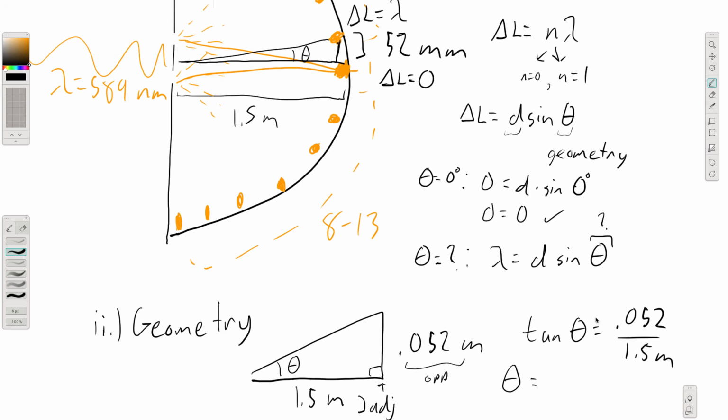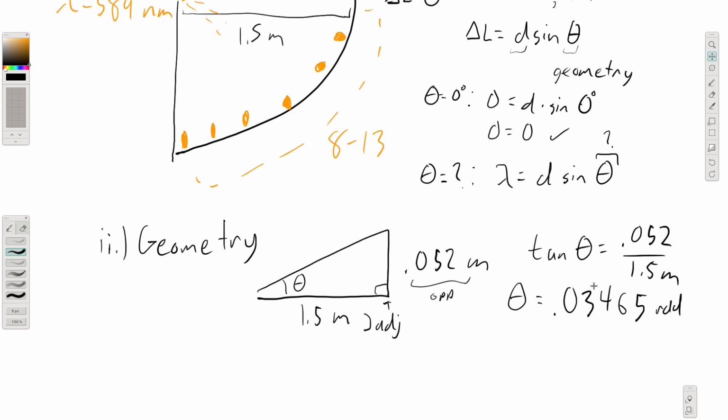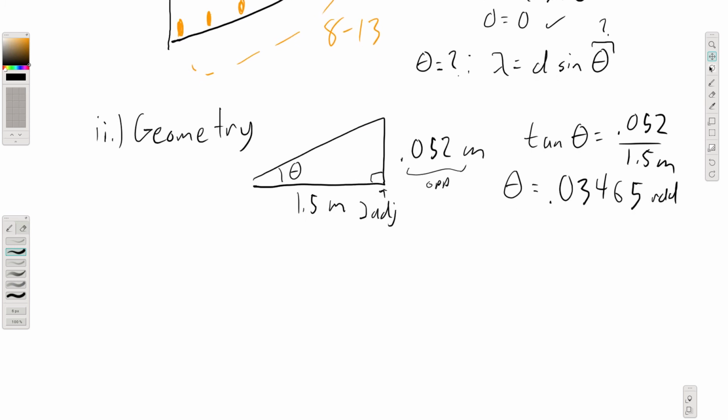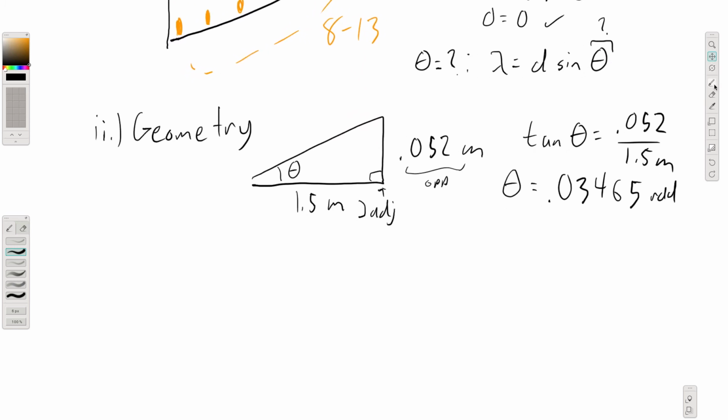And again, I will use my inverse tangent on this, giving us 0.03465 radians. Radical, dude.